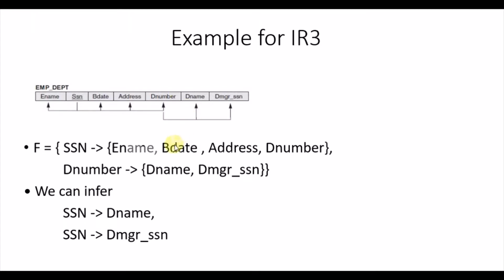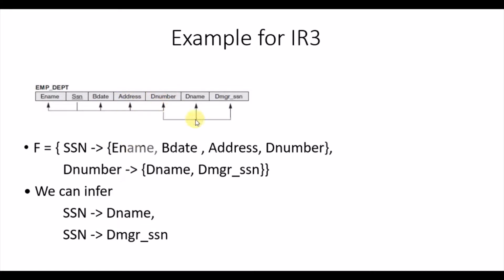And department number determines D name, D manager underscore SSN. From this you will be able to infer: SSN determines D number, and D number determines D name. So you can write SSN determines D name, or SSN determines D manager underscore SSN.